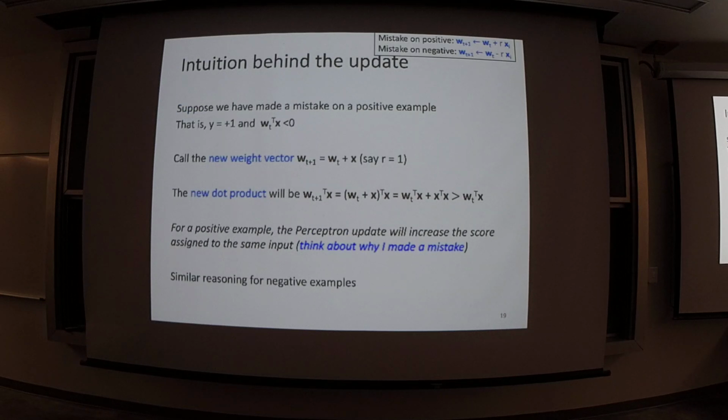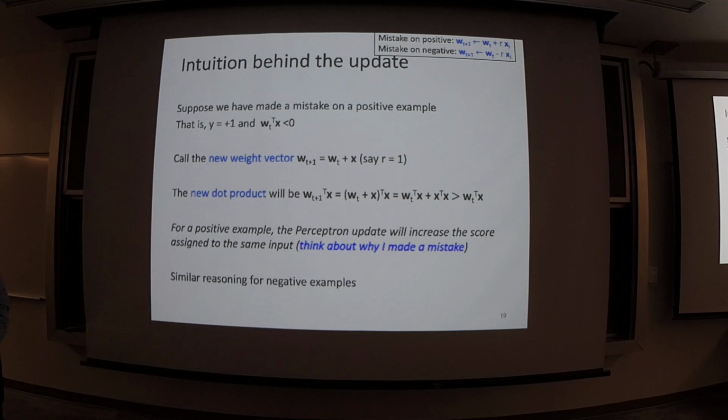Now let us talk about the intuition behind the update. Why is doing such a mistake-driven update good, right? Suppose we have made a mistake on a positive example. That means the ground truth label Y is 1, and my classification function is less than 0.